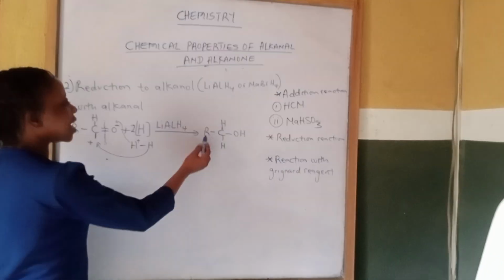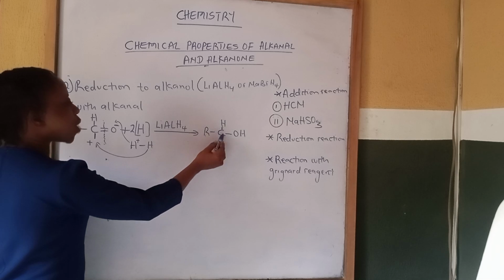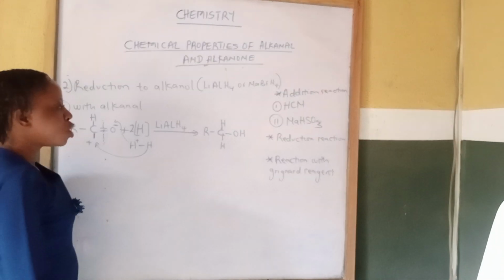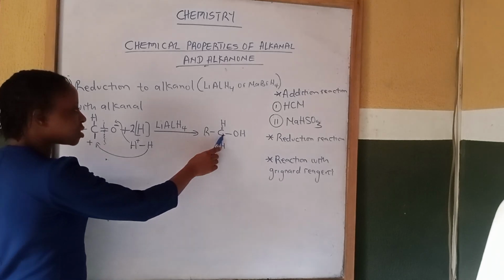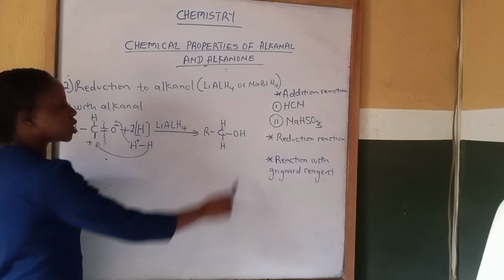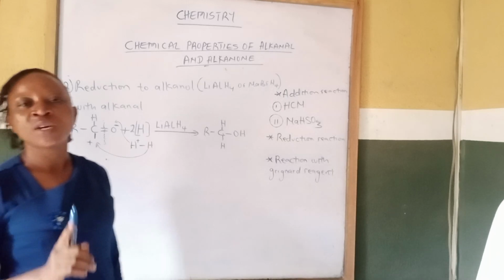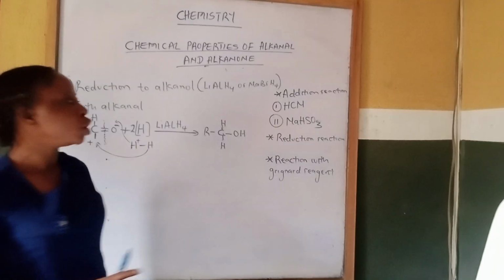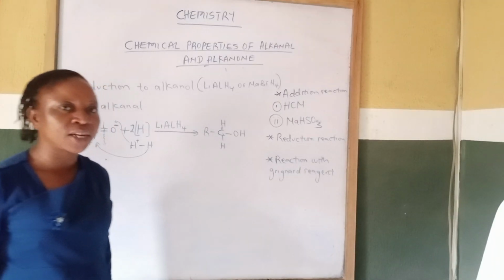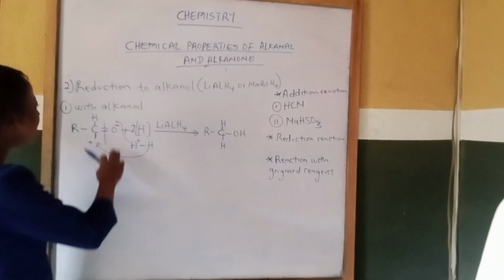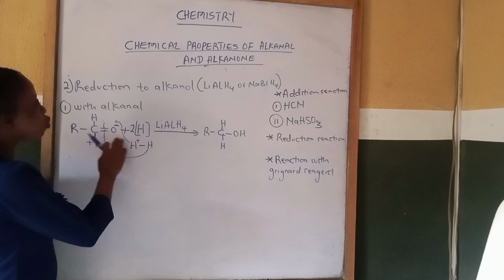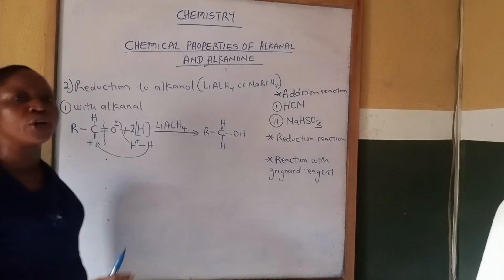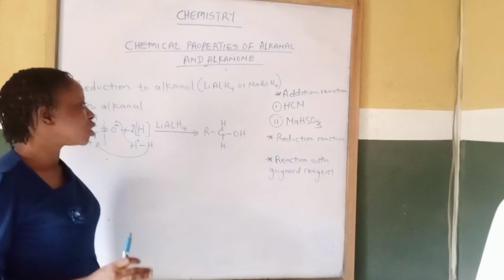Then if you look at this alkanol, only one alkyl group is bonded to the carbon atom holding the functional group. When one alkyl group is bonded with the carbon atom holding your functional group under alkanol, you call this a primary alkanol. So when alkanal reacts with a reducing agent, a primary alkanol is formed.